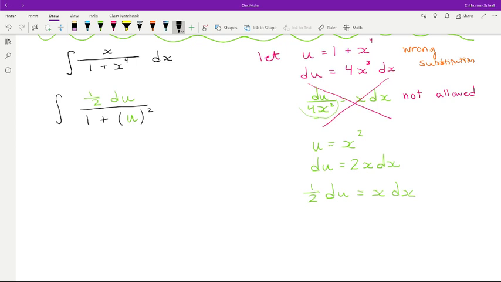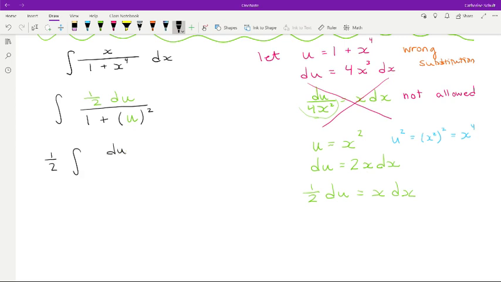And just a little side note, let me do a blue color. X squared. I just said it was u squared, which is x squared squared, which is x to the fourth. Okay, so that's how we're going from x to the fourth to u squared. All right, and then let's bring that 1/2 out front.